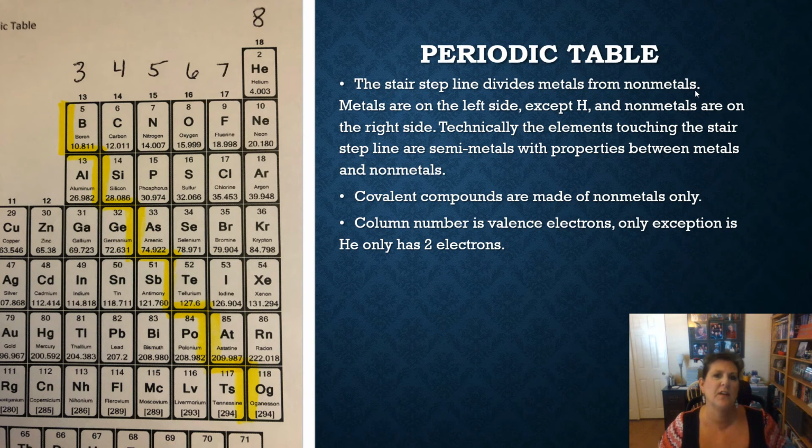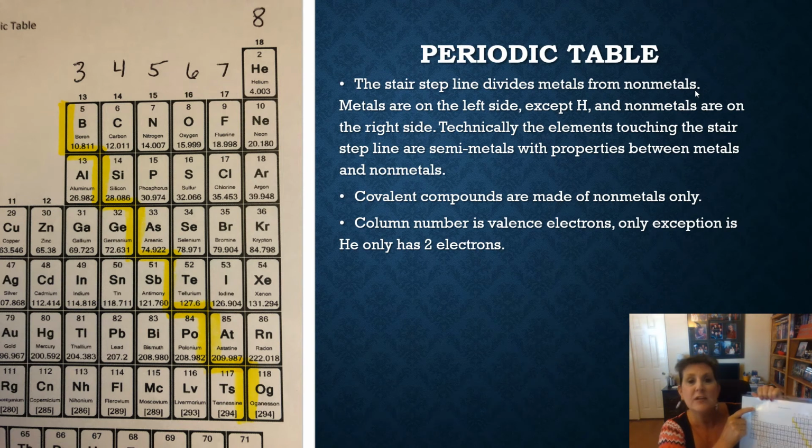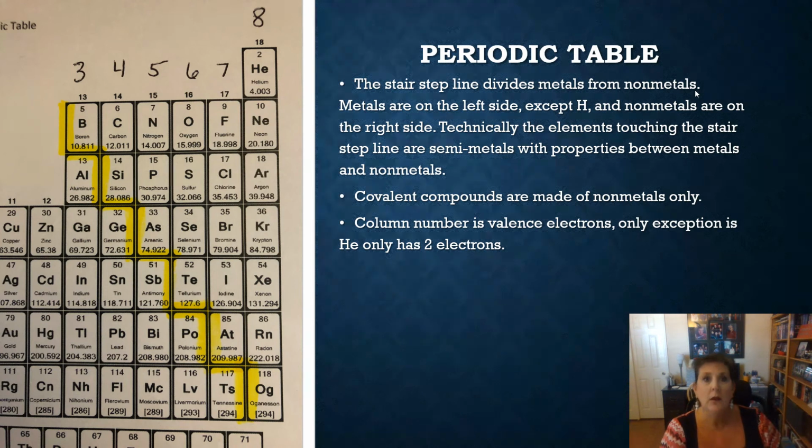So let me tell you what the stair-step line is. It basically divides metals from nonmetals. Metals are on the left side, except for the first one, H, hydrogen, that's a nonmetal. Otherwise, if you're to the left of the stair-step line, you're a metal. Nonmetals are on the right side. So carbon, nitrogen, oxygen, fluorine, the noble gases, and the others on the right side are the nonmetals.